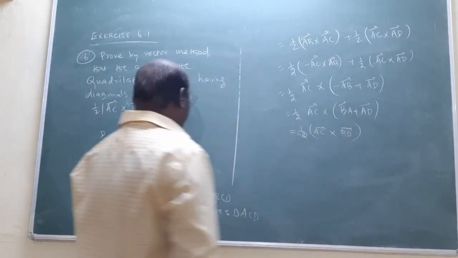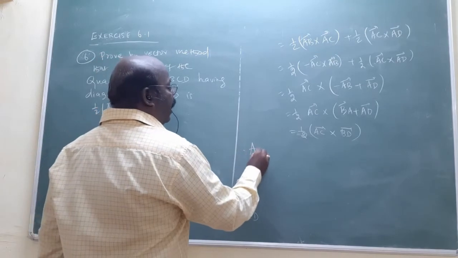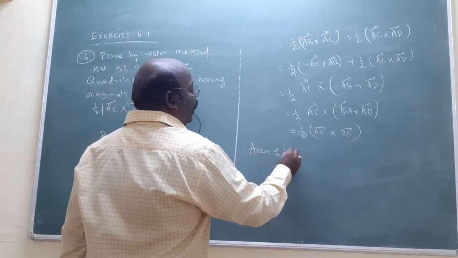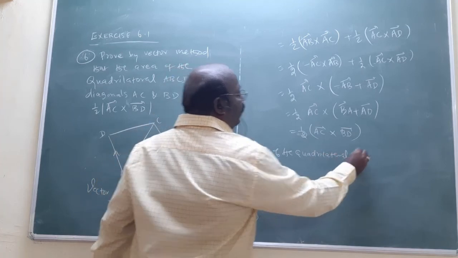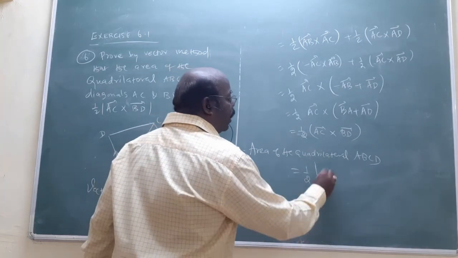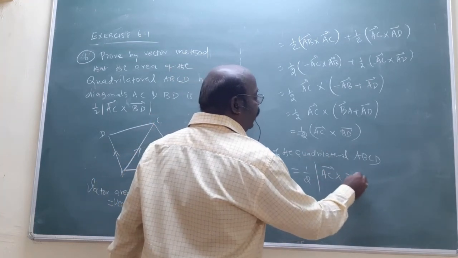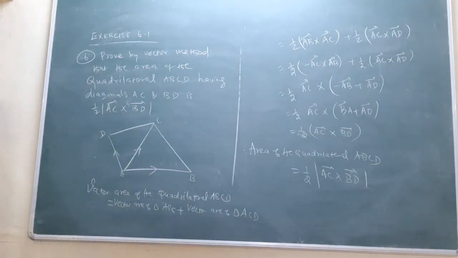Therefore, this is the vector area of the quadrilateral. Therefore, area of the quadrilateral ABCD equals half into modulus of AC cross BD. That is the answer. Vector area means without modulus. Only area means with modulus. Only area means we will get only a number. Take a modulus, automatically we get the number. That's all.